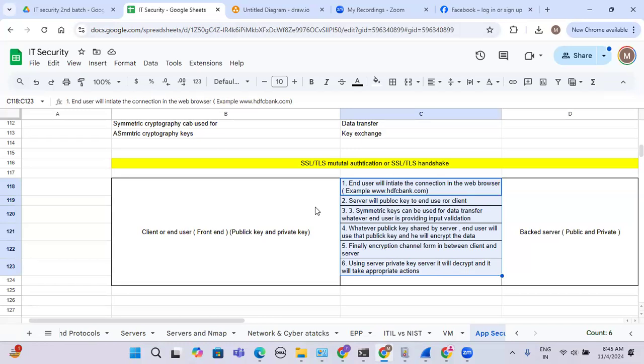You are absolutely right. Kerberos, the golden and silver ticket attack. Silver ticket attack is mainly on the Active Directory side, but this is not on Active Directory, this is on the application side. Middleman attack, man in the middle attack.